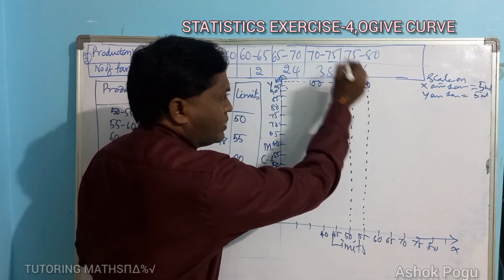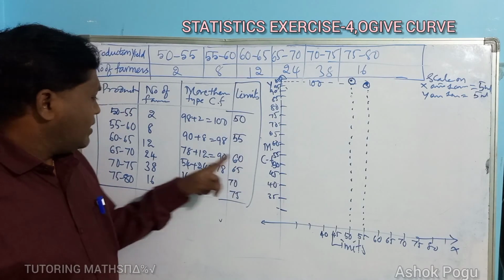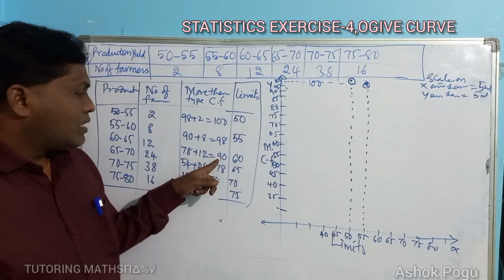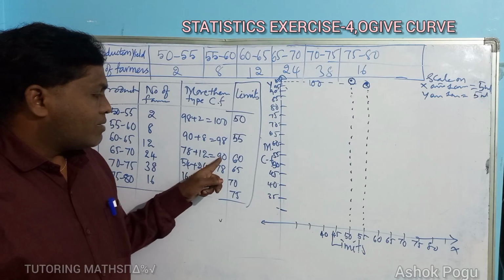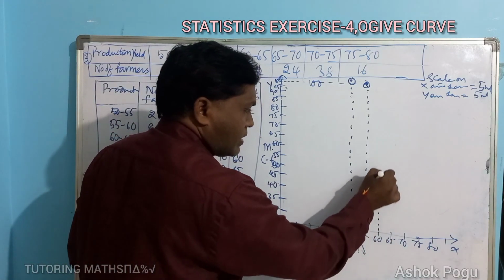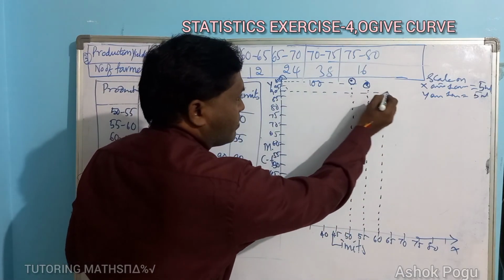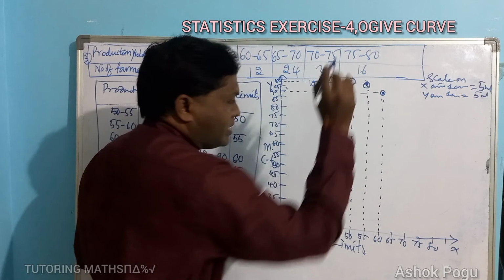Yes, this is the second value completed. Coming to the third value 60, which value comes from 90? The line comes 60, 90. And where do we have 90? Here itself. This is 90.